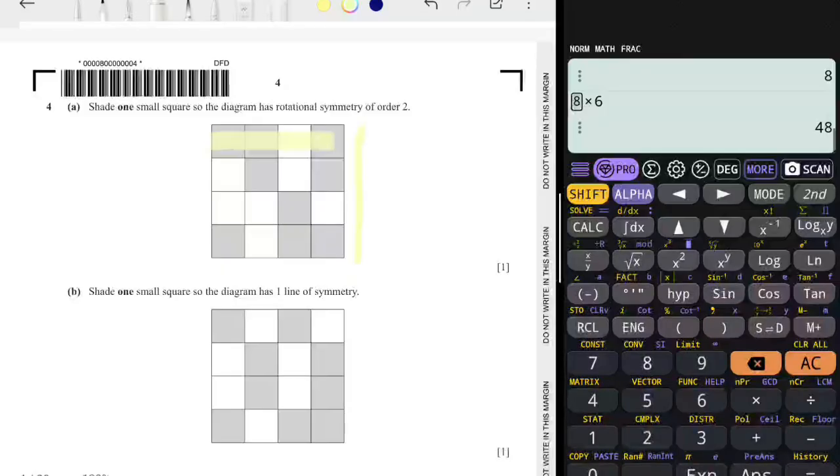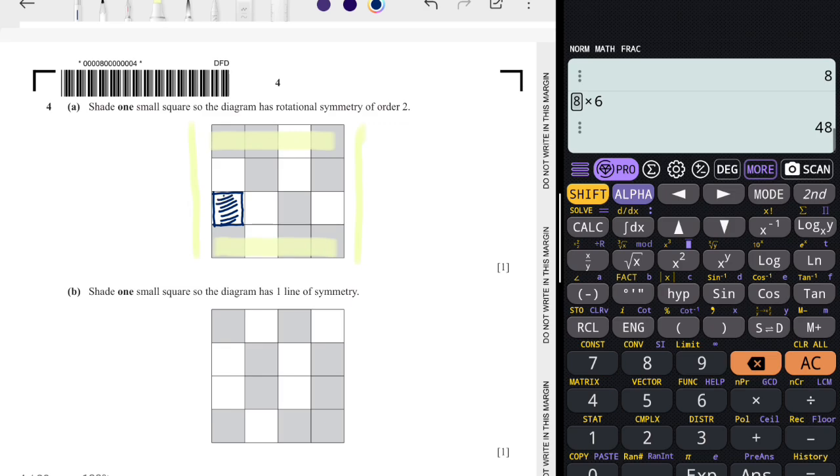In the column, same two boxes are colored, one empty and one colored. Now look at the bottom. Here two boxes are colored, then one empty, then one colored. Now look at the last column again. Here one box is colored, the other is empty, then another is empty. It means color should be here on the empty box, then it would be a perfect symmetry of rotational order 2.